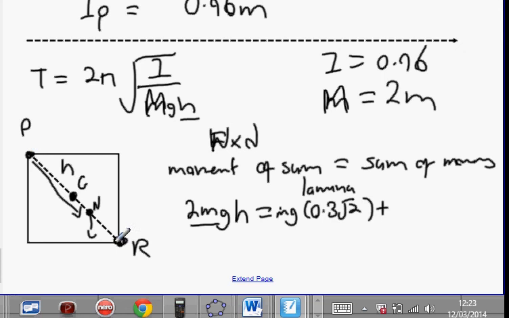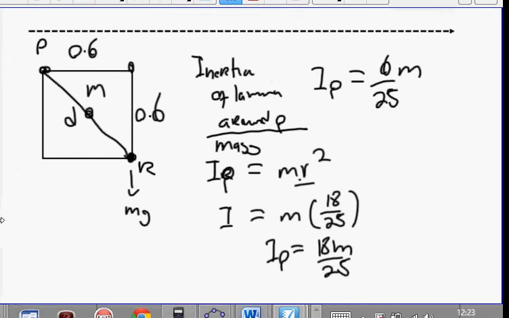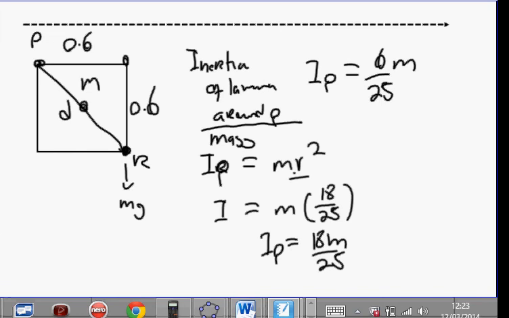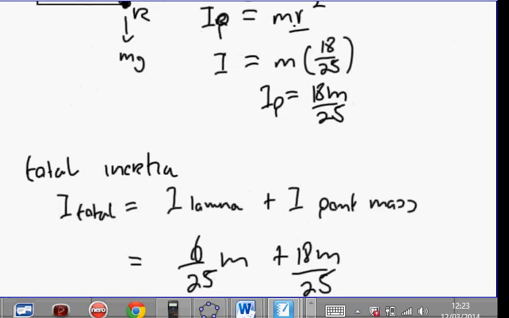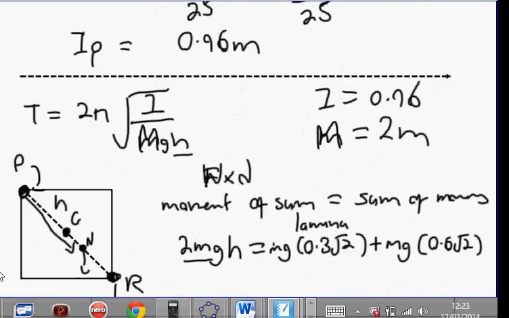The distance of R, which is the point mass, from the rotational axis P, which is going to be mg is its weight, and its distance is 0.6 root 2. Or 0.6 root 2 from earlier is what we would have got if we square rooted d from earlier. If you remember d from earlier, it was 0.6 squared plus 0.6 squared in Pythagoras' theorem.